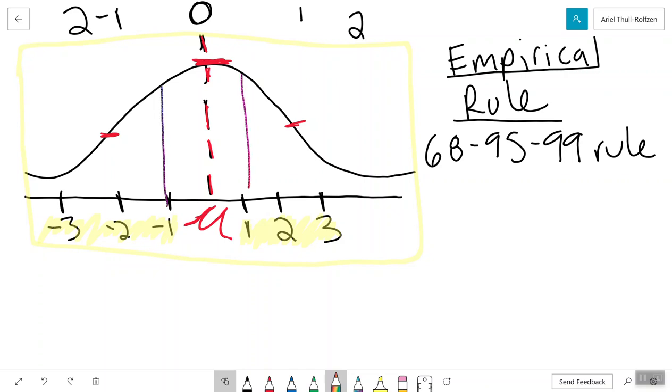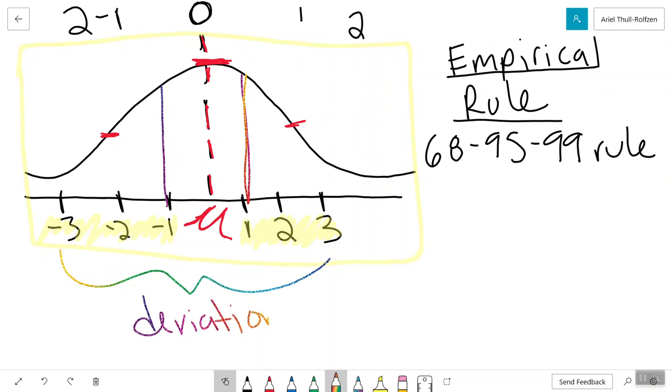Between 1 and -1, and these are all deviations from the mean. So how many standard deviations away from the mean are we going? I drew those lines at 1 and -1, and I'm going to shade this in.